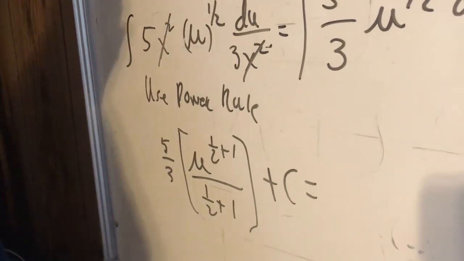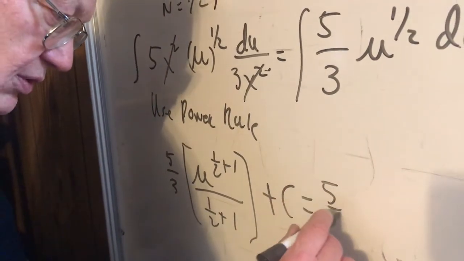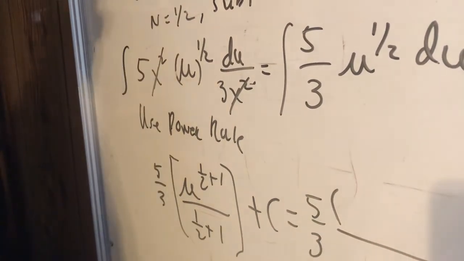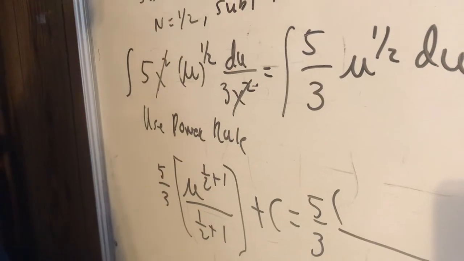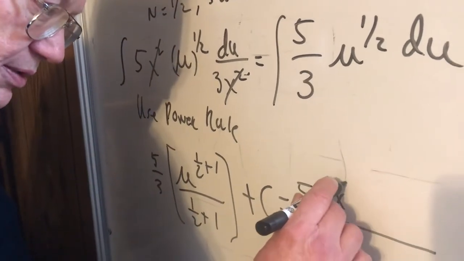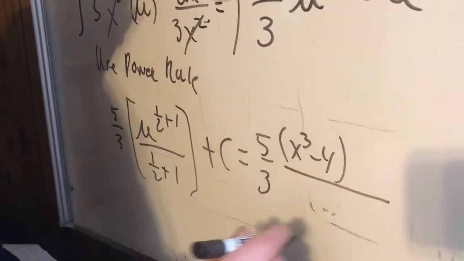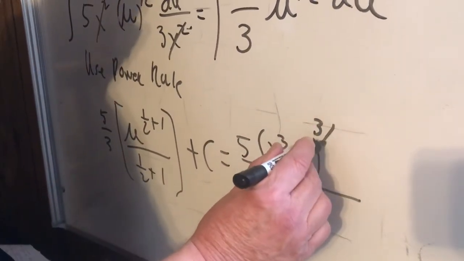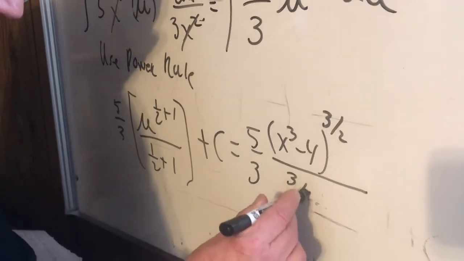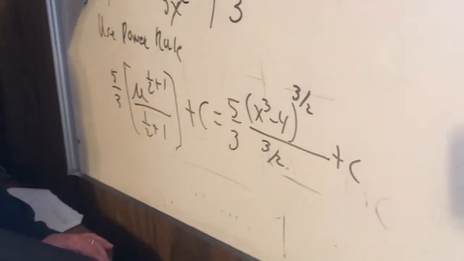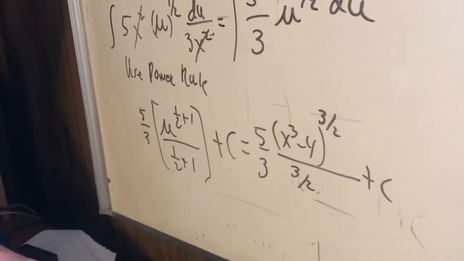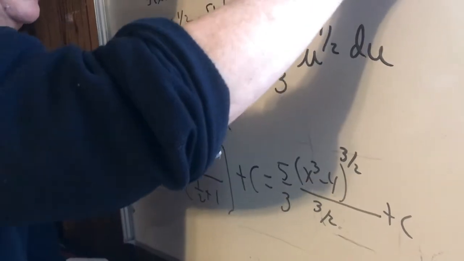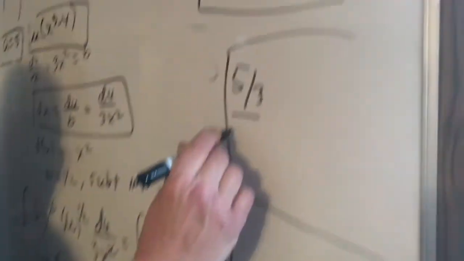So this is going to be 5/3. And let's bring the u back: x cubed minus 4, to the 1/2 plus 2/2, which is 3/2, since 1 is 2/2, divided by 3/2, plus c. Now what do I do when I have 5/3 divided by 3/2?